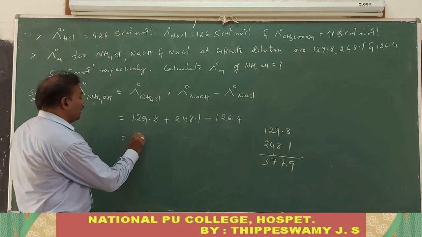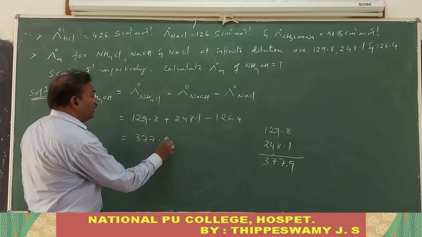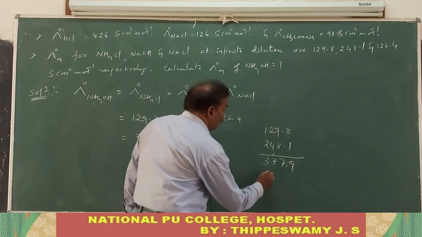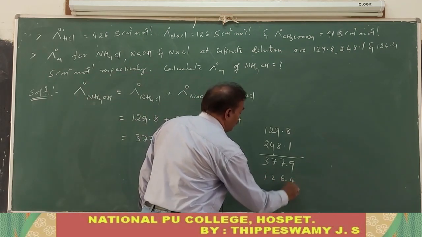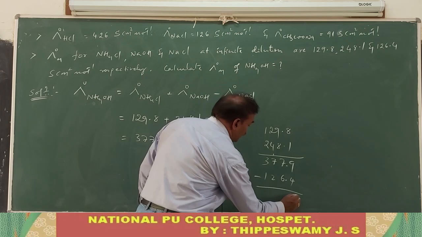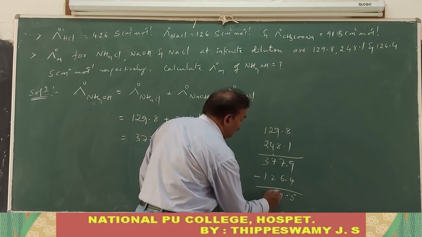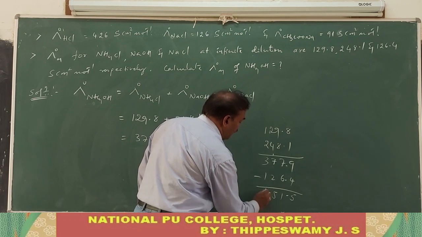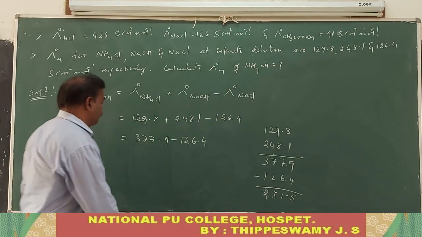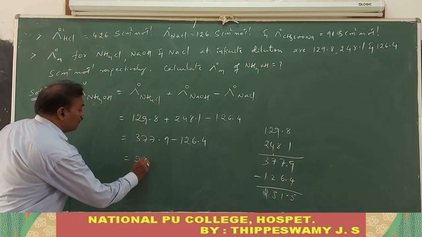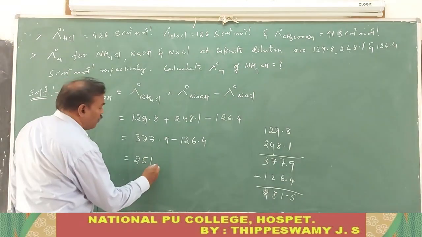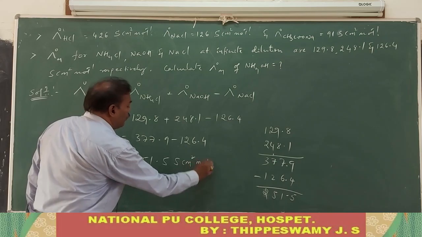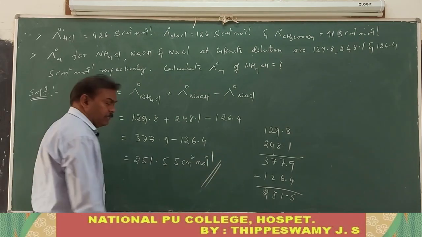So 377.9 minus 126.4. On simplification we get 251.5 S cm² per mole, which is the answer.